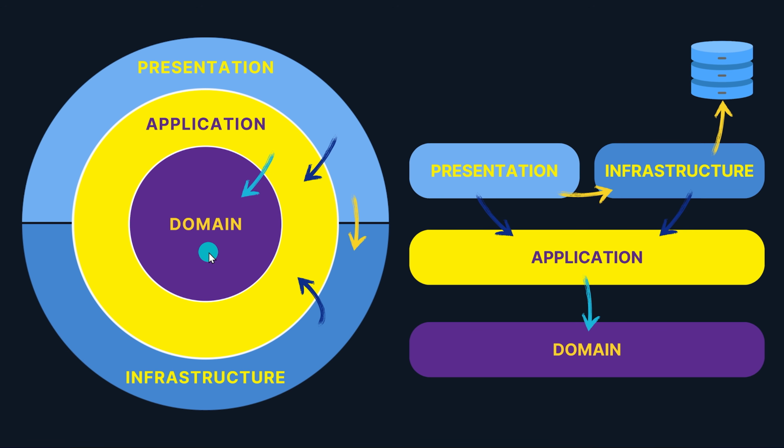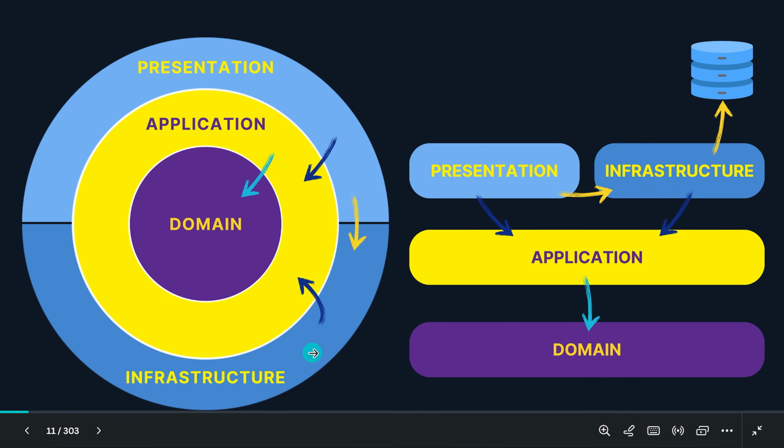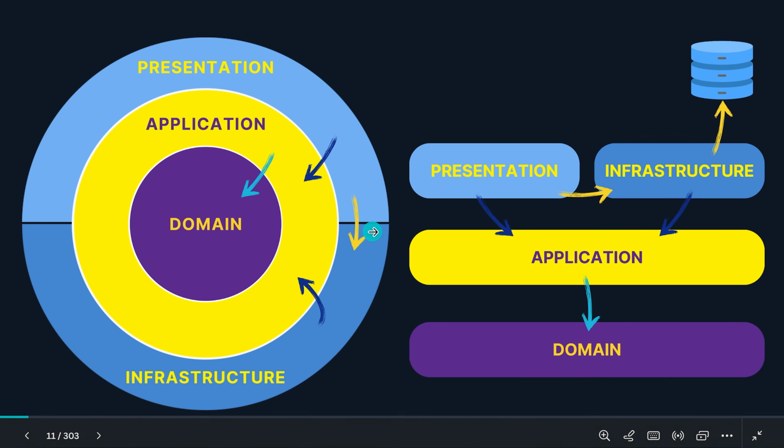So here in the domain, for instance, we've got our entities. Then in application, we can have services, repositories, stuff like that, or at least interfaces of repositories, because as you will see in a sec in the project, it might be the case that the presentation layer has to access something in the infrastructure layer. So that's one exception many teams allow, that the presentation can also go kind of sideways and reference the infrastructure.